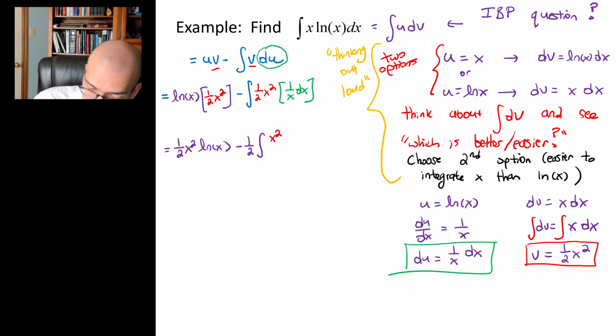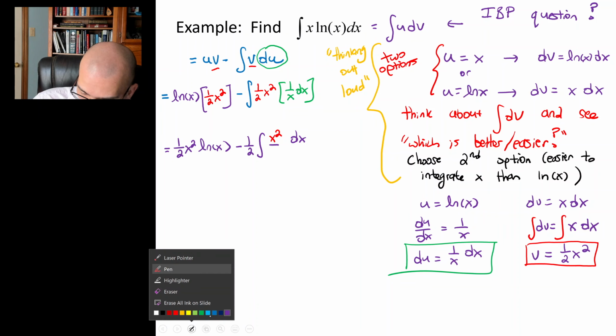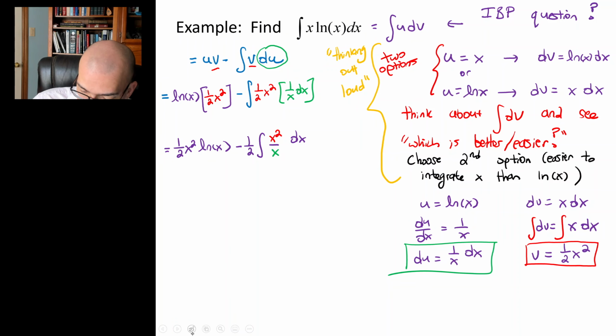We have an x squared on top and an x on the bottom, and we can simplify that. That's just going to be an x, using exponent laws, the power cancels. 1/2 integral of x dx.